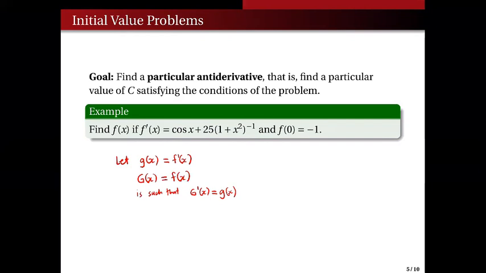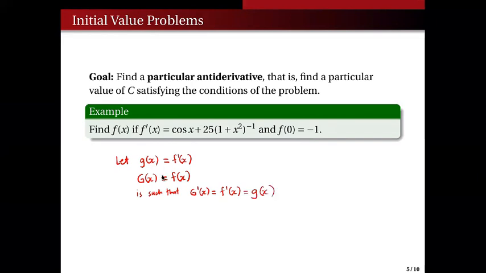So that if I get the derivative of your capital G here, this will become small g, correct? Indeed, capital G is your small f of x. If I get the derivative of capital G, I'll also get the derivative of small f. But the derivative of small f, that is your small g of x.